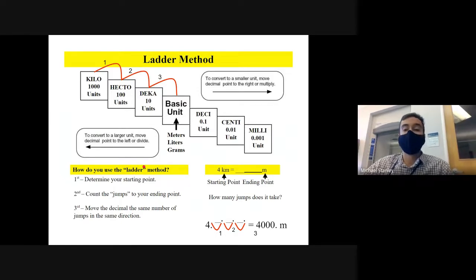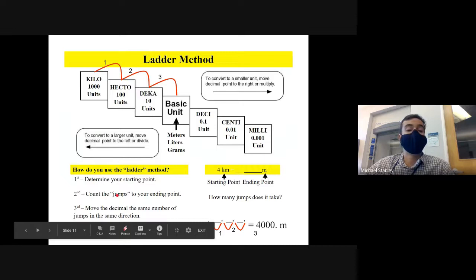So for example, if I want to convert between kilometers and meters, my starting point is kilometers, which is this kilo up here. And my ending point is meters, and meters are a basic unit right here. They don't have any extra little starting prefix like centi or milli. If it's just meters or grams or liters, that is one of our basic units. So we're starting from kilo and going to meters.